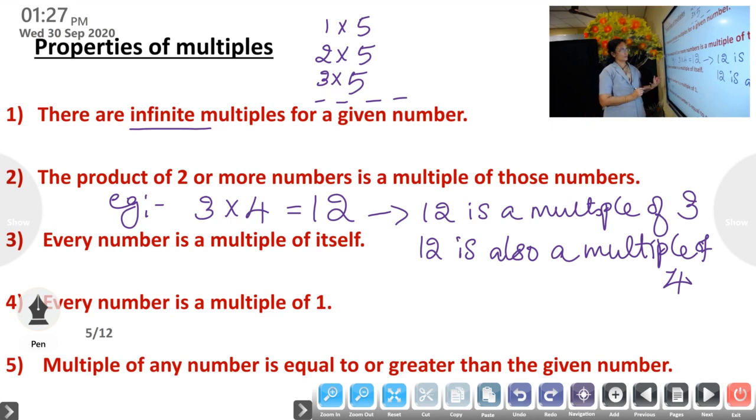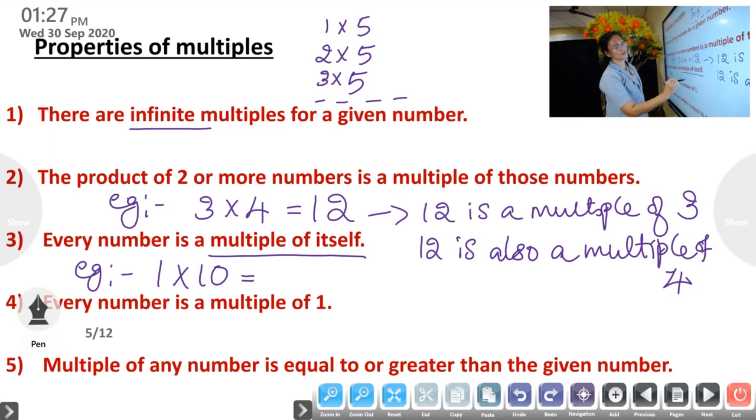Next one, third property. Every number is a multiple of itself. Why are we saying that? Look at this example. 1 into say 10. 1 into 10, what is the answer? 10. So you can say that this 10 is a multiple of 10 itself, isn't it?